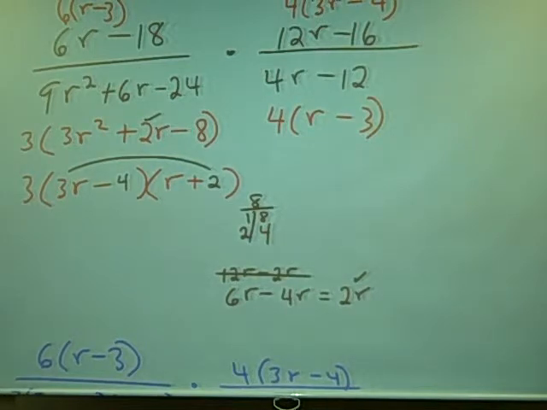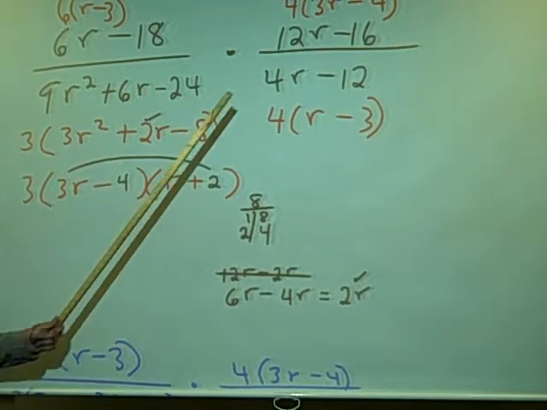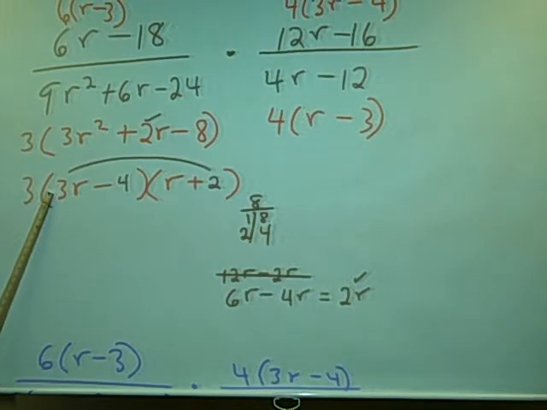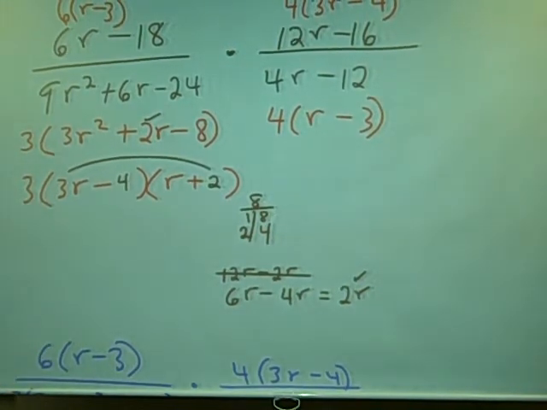And see, this is what I was telling you, that this 3r minus 4 could be a clue for down here. And sure enough, it is. That's why when you do these, you want to work the easiest ones first, because they can be a clue for you for the harder ones to factor.